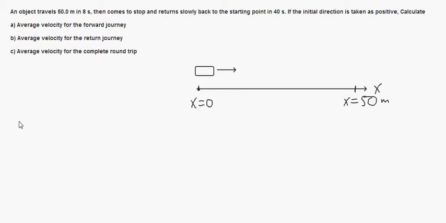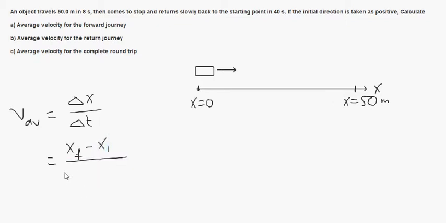Now applying the formula for average velocity, v_av equals delta x divided by delta t, which is equal to the final position xf minus the initial position xi, divided by the final time tf minus the initial time ti.